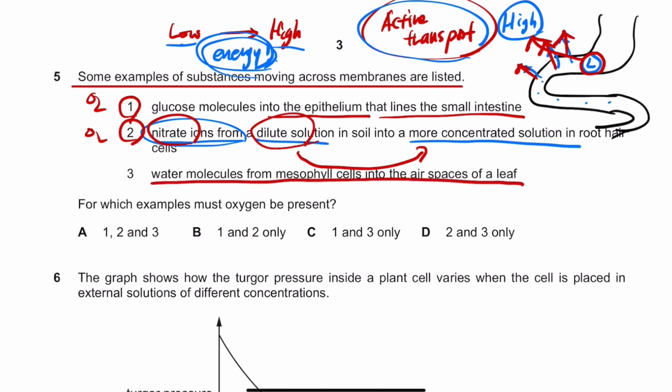Water molecules from mesophyll cells into the air spaces of a leaf. So this says the movement of water molecules. The movement of water molecules is called osmosis.